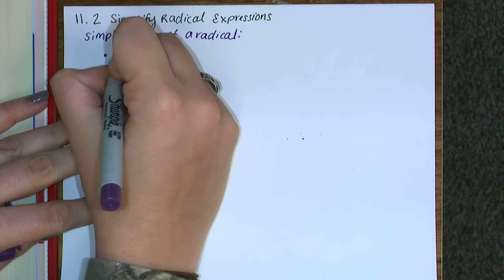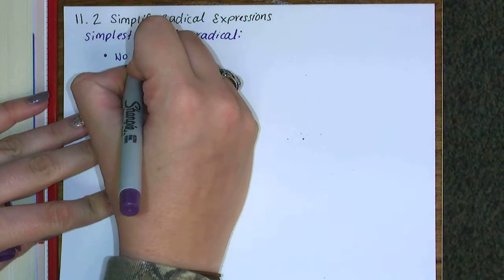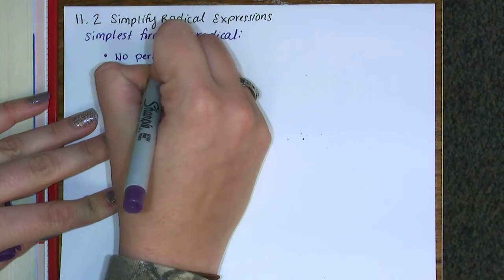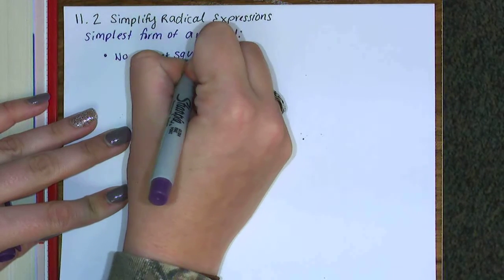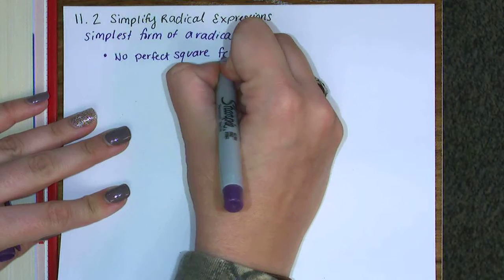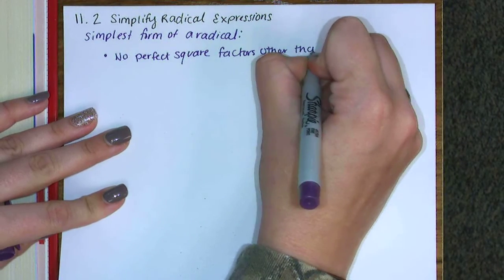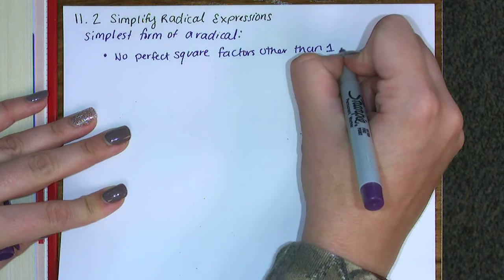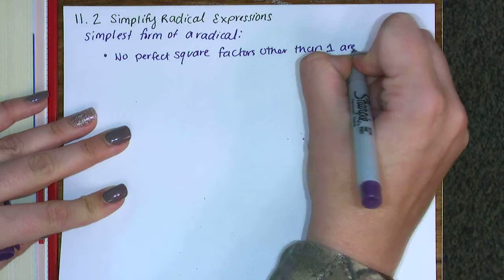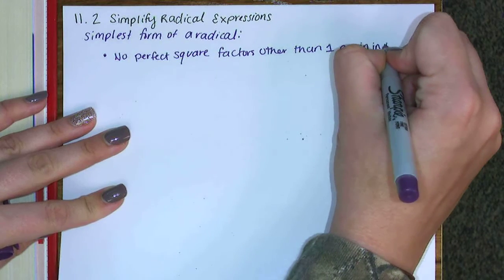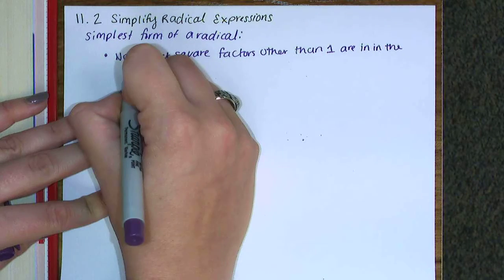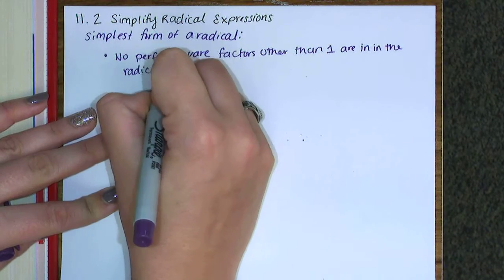Well, that means that for one, no perfect square factors other than 1 are in the radicand. That just means inside the radical.